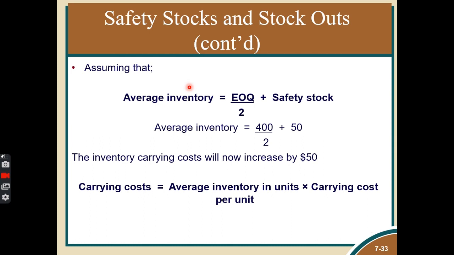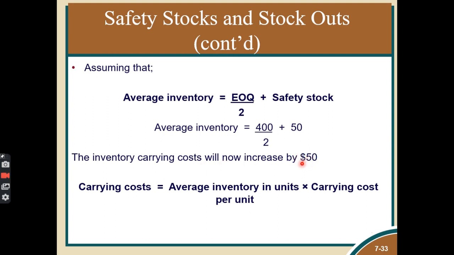So to have a computation, let us assume that we are going to compute for the safety stock. If the EOQ is 400 and the safety stock is 50, what we are going to do here is, for the additional stock that we have, we are going to incur $50.